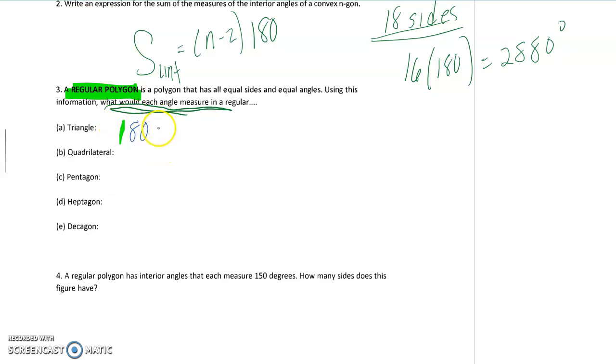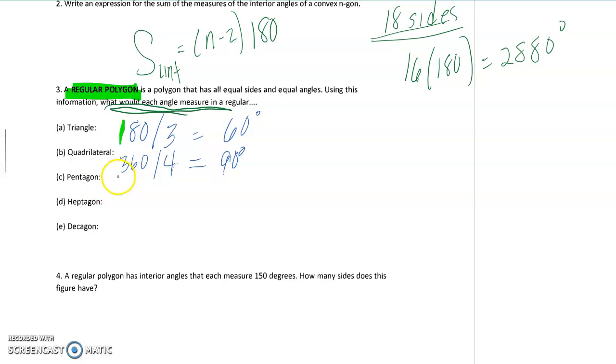So if I take that 180, but I divide it by 3, then I know every angle inside is 60 degrees. In a quadrilateral, we know the inside's 360, and if I divide it by 4, then I know every angle's 90 degrees. This is only if it's regular.